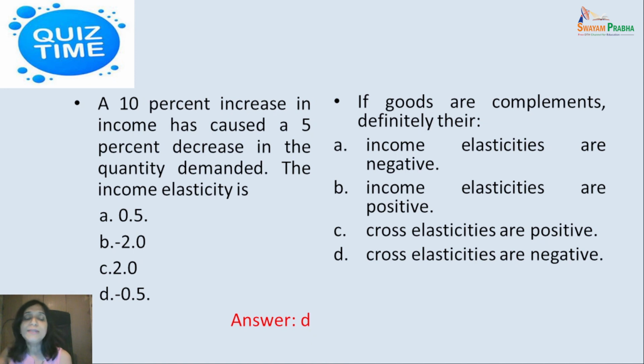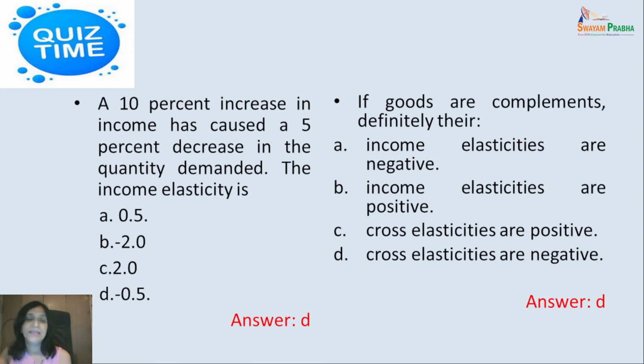You will not be taking income elasticity into account; you will be considering only the cross elasticities. Now, when the goods are complements, will the cross elasticity be positive or negative? Give it a thought. The answer will be negative. That is D. Cross elasticities will be negative. We have just seen that.